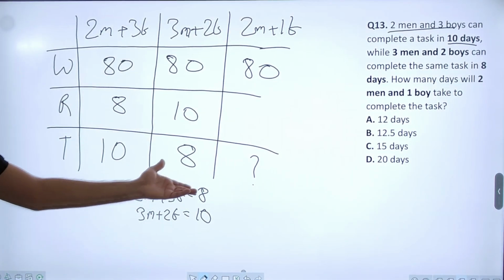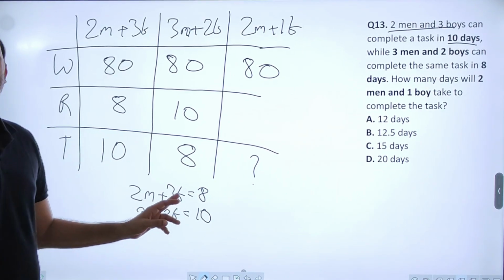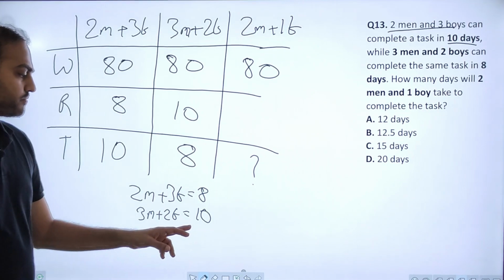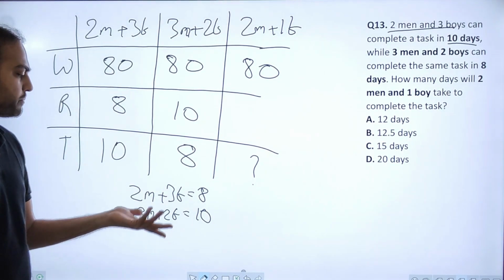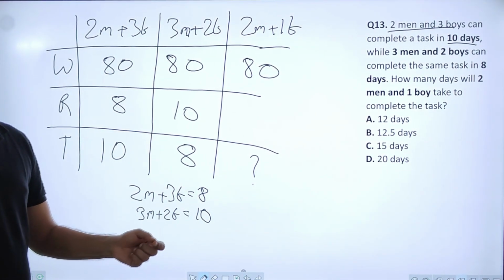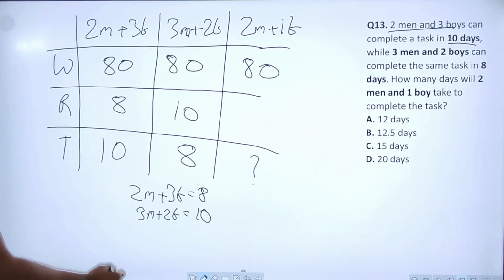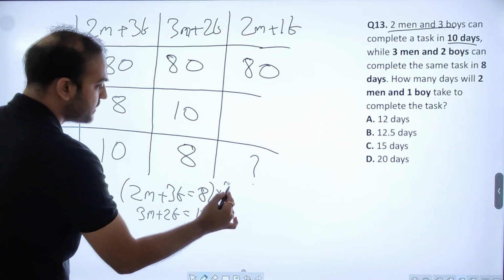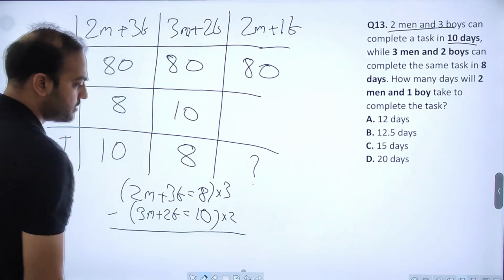You see, we have two variables and two equations. We solve them using simultaneous equations, elimination method or substitution method, and find M and B. That will give me the rate of one man, rate of one boy. So I multiply this by 3, multiply this by 2 and subtract.